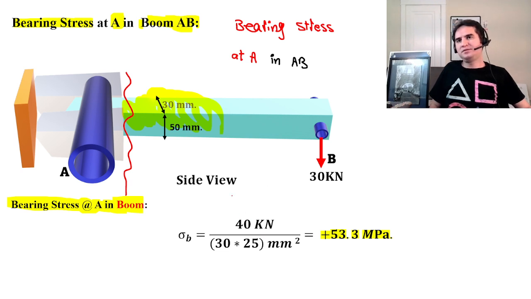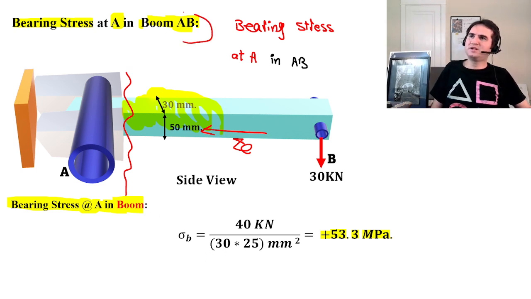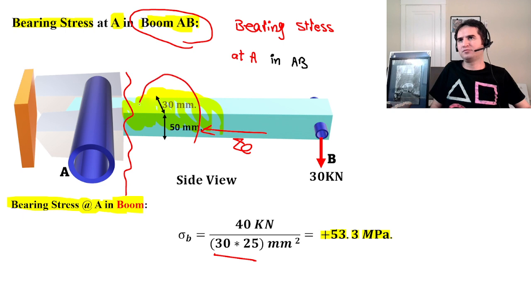So for bearing stress at A in AB, you can easily say I do have a 40 kilonewton, which is the compressive force, times A. Because we are working with the boom, we are at A, but we are in the boom, we need the cross-sectional area of the boom. That's 30 times 50. And that gives us a positive 53.3 megapascal.